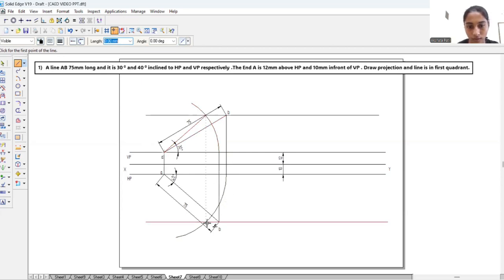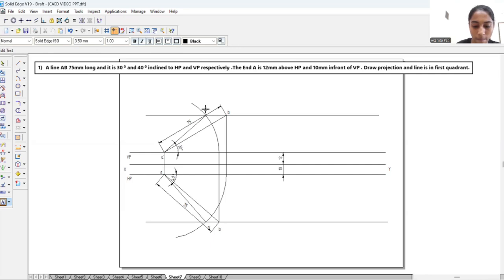From here again we will take one line from A. So it will be the front view. We will give the name B dash here, and B dash here.